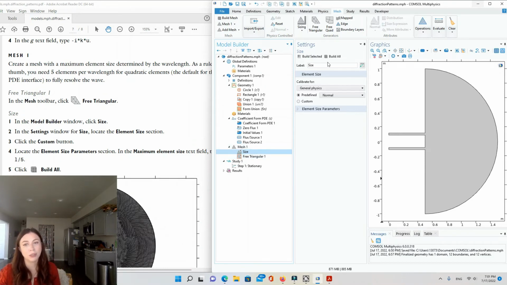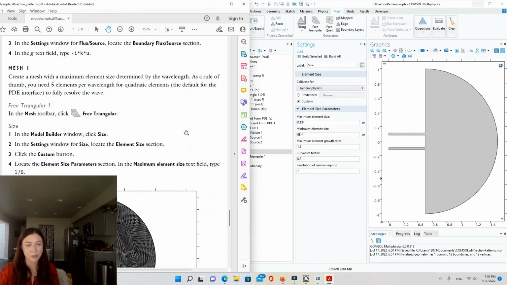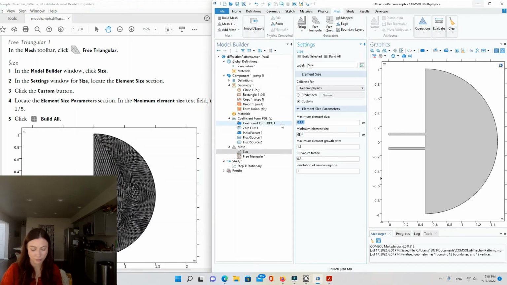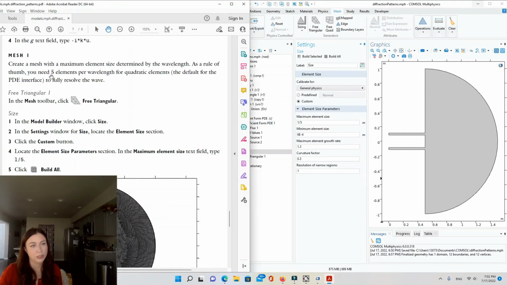Click the custom button. In the settings window for size, locate the element size section, click the custom button, and in the maximum element size text field, type 1/5. So this is using their rule of thumb that you need 5 elements per wavelength.